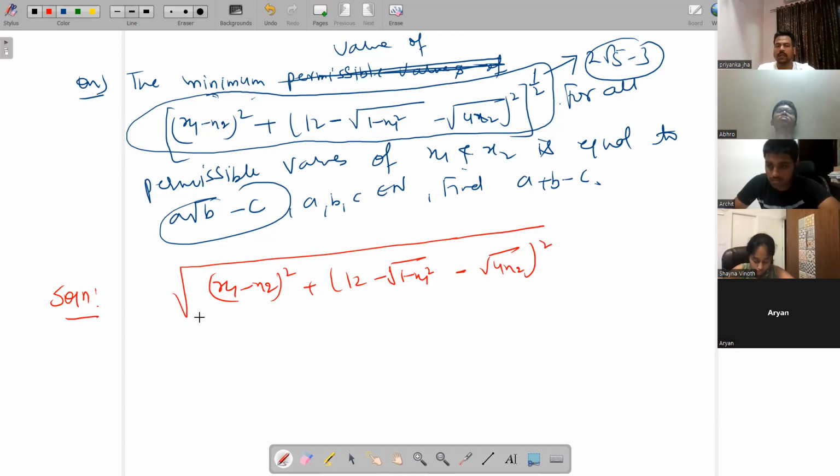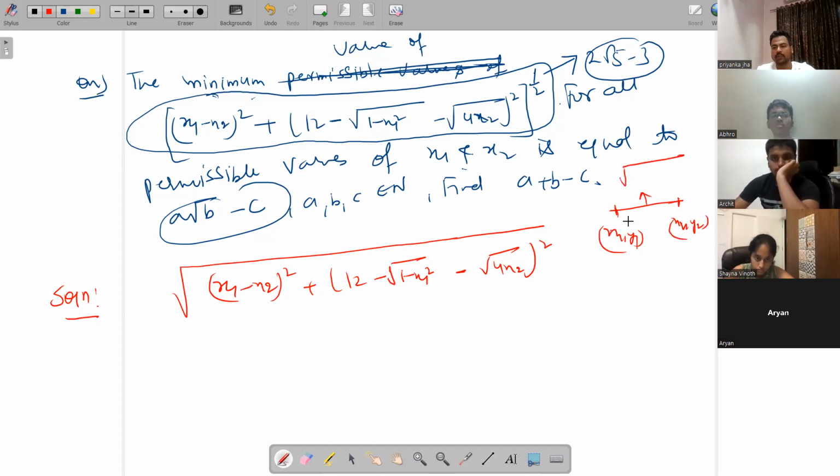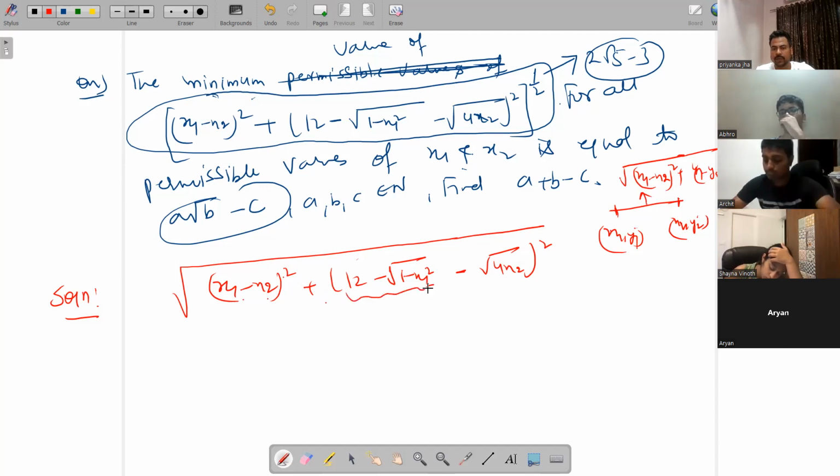Suppose you have 2 points, x1, y1, and x2, y2. The distance can be written as square root of x1 minus x2 whole square plus y1 minus y2 whole square.